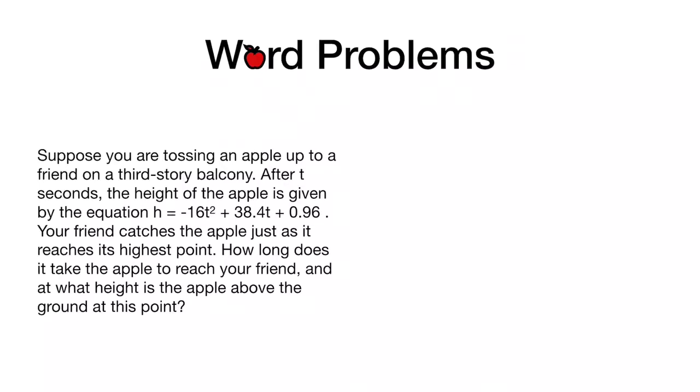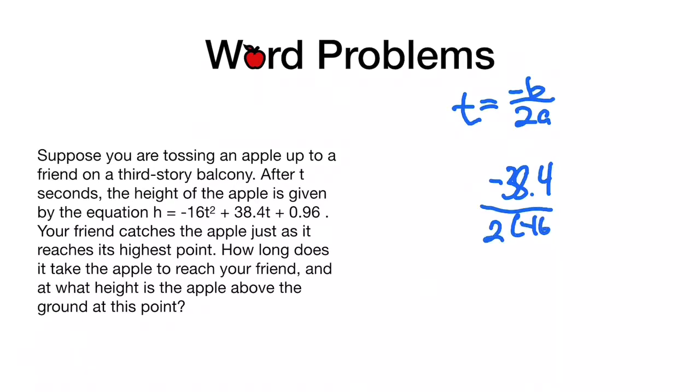So the first thing that we need to do is realize that t is the equivalent of x and h is the equivalent of y. At which point that means t would equal -b over 2a, just like x does. So that means -38.4 over 2 times -16.